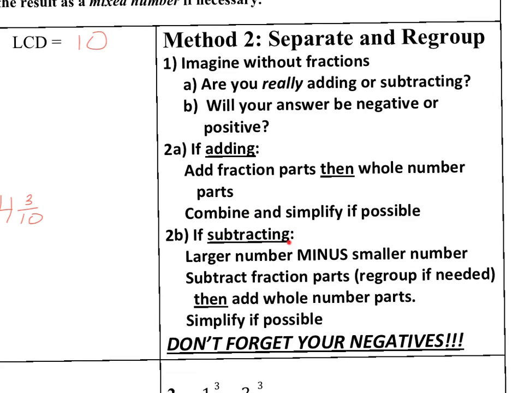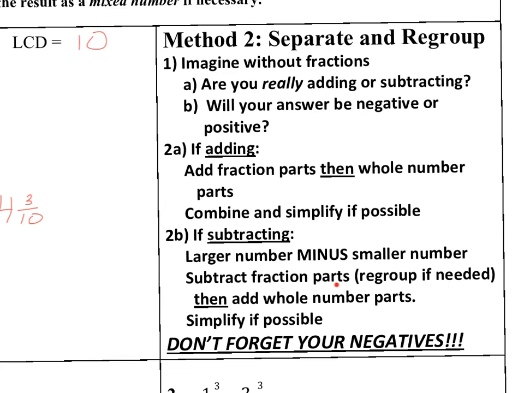However, if you are subtracting, no matter what, you're going to already remember if it's negative or positive, right? So if you're subtracting, you're going to find whatever the larger number is, and you're going to set it up where you're subtracting the smaller number from it, even if that looks different than the original problem. Because we're doing that same thing anyway, and I'll explain that here in just a minute.